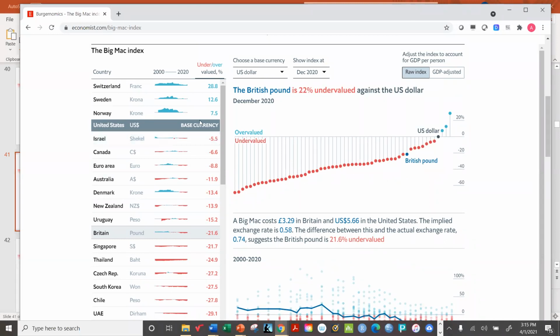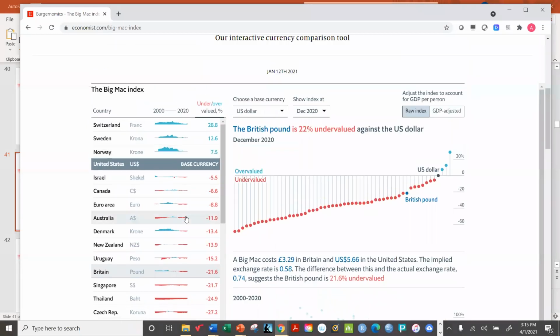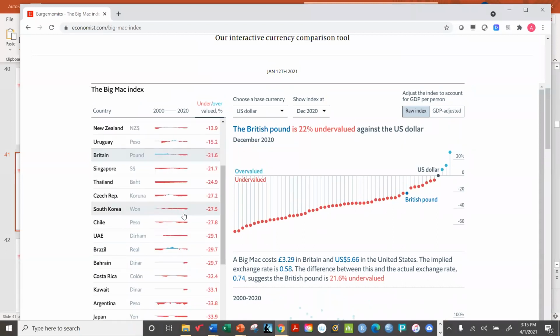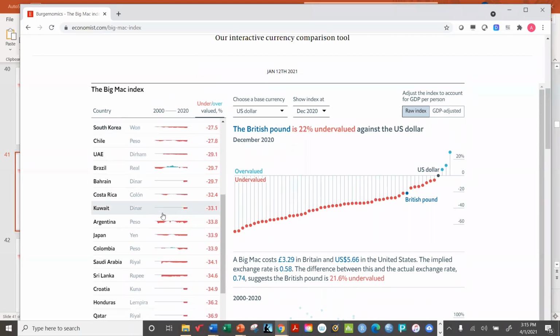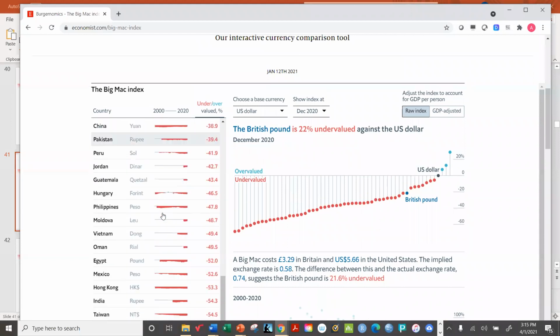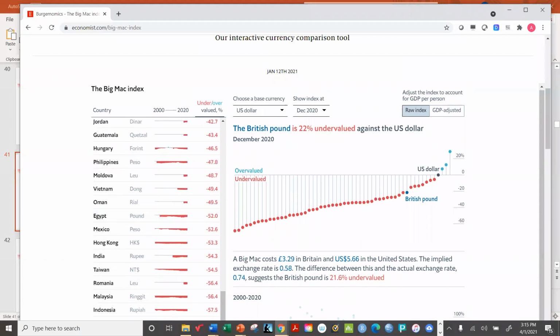You can see that most of these countries' currencies are theoretically undervalued relative to the PPP predictions. The percentages are very significant. In Indonesia, the rupiah is considered to be 57.5% undervalued compared to the United States, or compared to what we would expect with PPP.